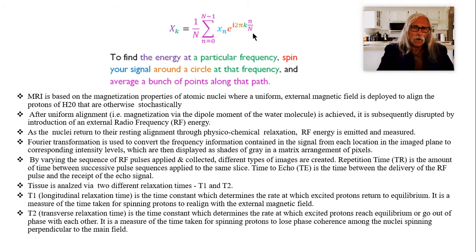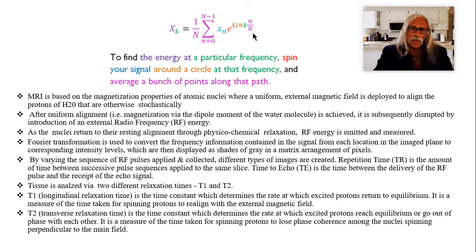Now, follow me along here. MRI is based on the magnetization properties of atomic nuclei, where a uniform external magnetic field is deployed to align the protons of water, the most abundant fluid there, that are otherwise stochastically arranged. So this is going to basically polarize those protons, okay, via a magnet.